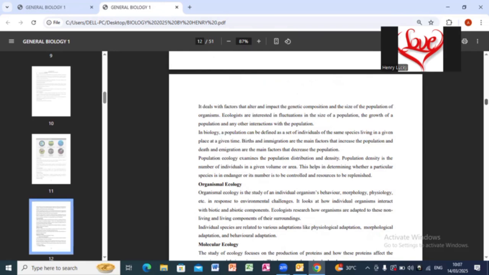Now, organismal ecology tells us how organisms respond to the environment. The response could be of positive or negative effect on the organism. When we talk about the positive response, an example is, as humans, we settle in an environment where it's more conducive, where there's water, availability of light, availability of technology.